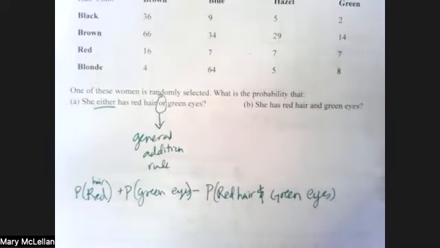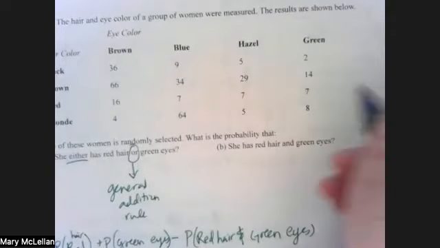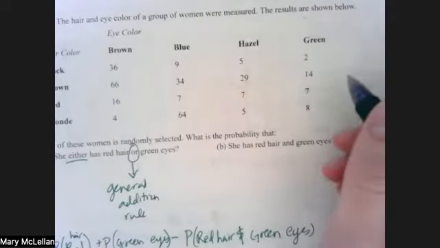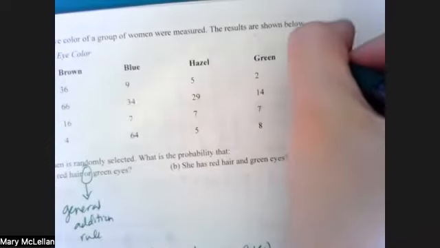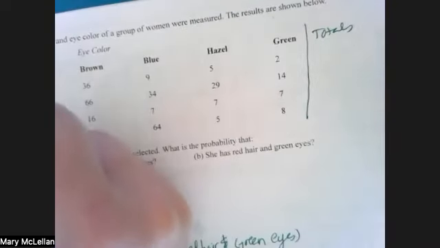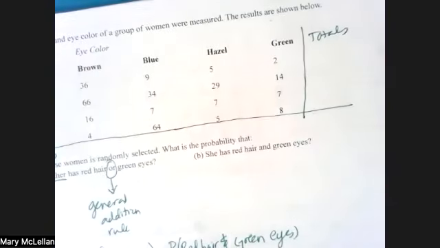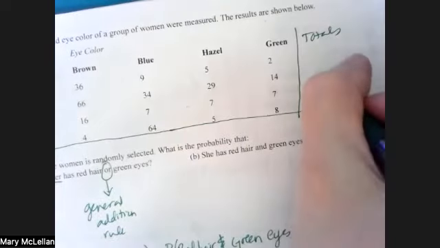So the probability that she has red hair. Well, this table has not done the totals for us, which is super fun. We have to do it ourselves. So to find totals, you just add up the rows and columns. Okay. How many students have red hair? I'm adding 16 plus 7 plus 7 plus 7. That's 37.